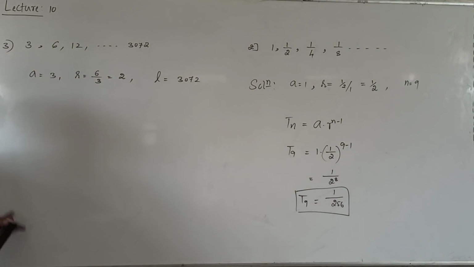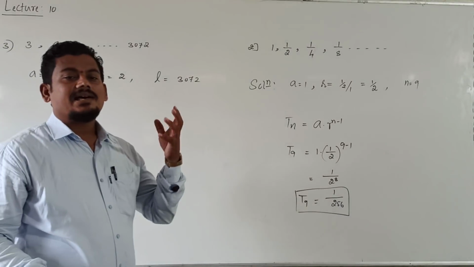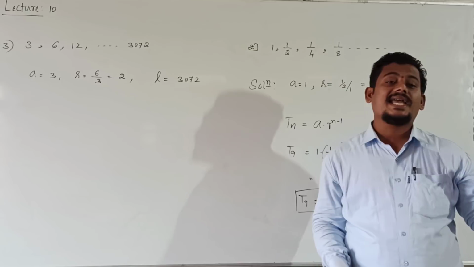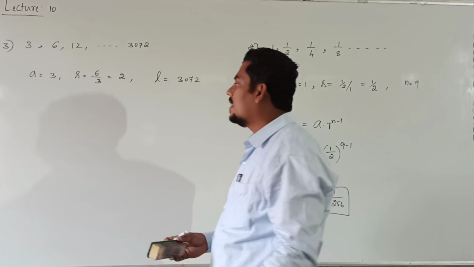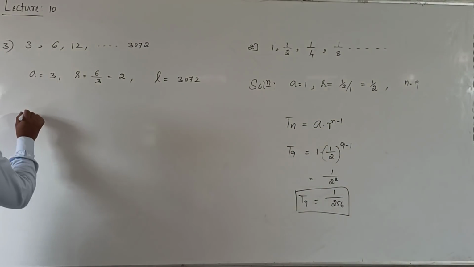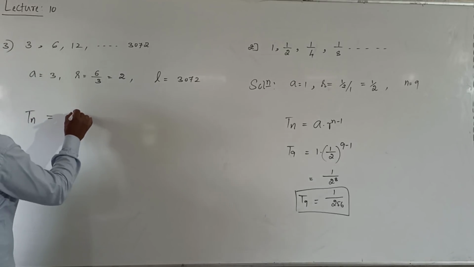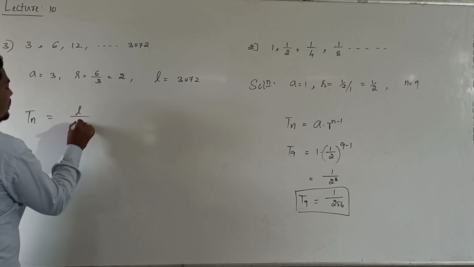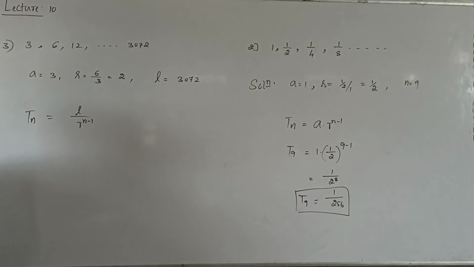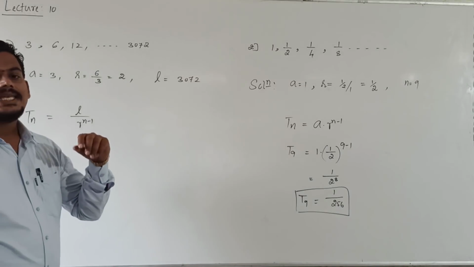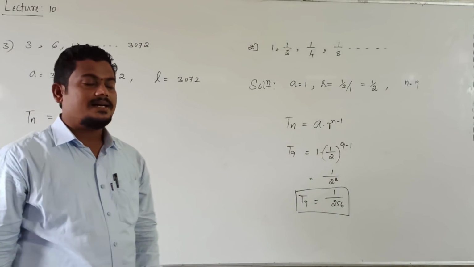Now apply the formula. We need fourth term from the end, means apply nth term from the end formula. Nth term from the end Tn is equal to L divided by R power n minus 1. This is formula for finding nth term from the end.